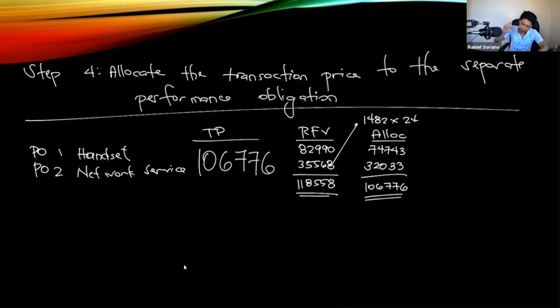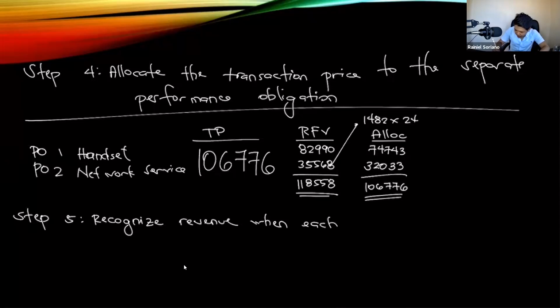Okay? Ngayon, punta tayo sa step number 5. Again, let's now move on here in our step number 5. Okay? So step number 5, once again, is to recognize revenue when each performance obligation is satisfied.